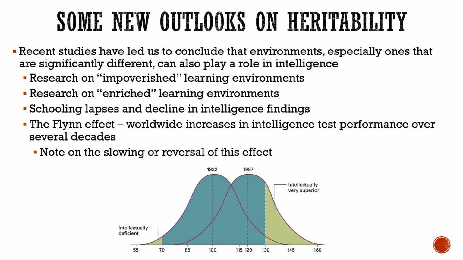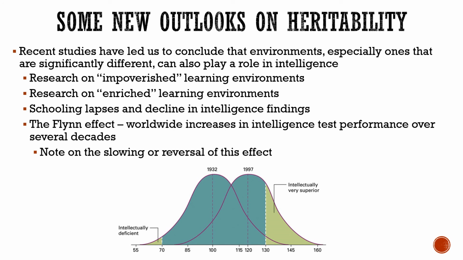So if somebody were to take one of the very first Wechsler scale tests, and I believe it was in the 1930s, an individual who had average performance there would actually score significantly below an average individual who took another intelligence test, say in the 1990s.